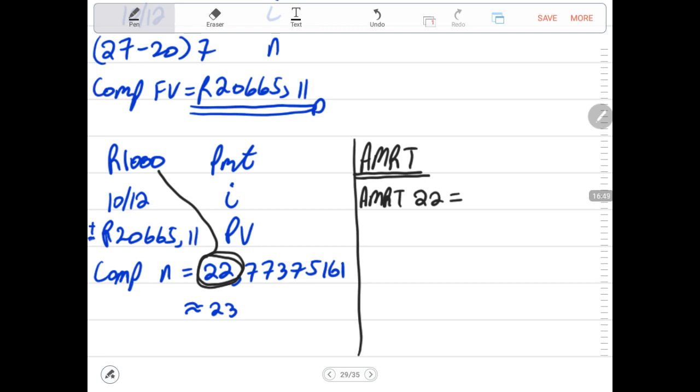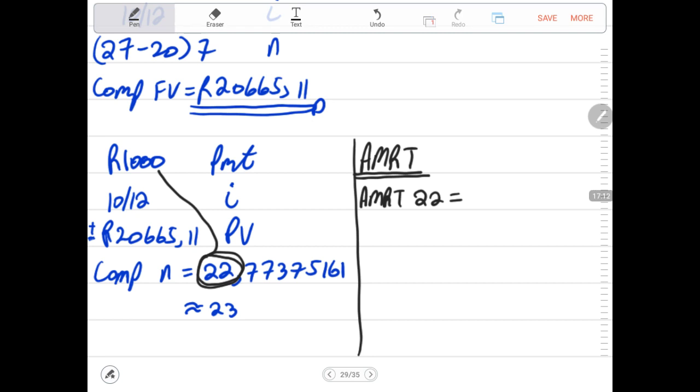After you press amount, it will say amount P1. We don't want P1, because P1 is payment number 1, which in this case indicates withdrawal number 1. You scroll down with the arrow, and it says amount P2. We don't want payment number 2, but we want payment number 8.